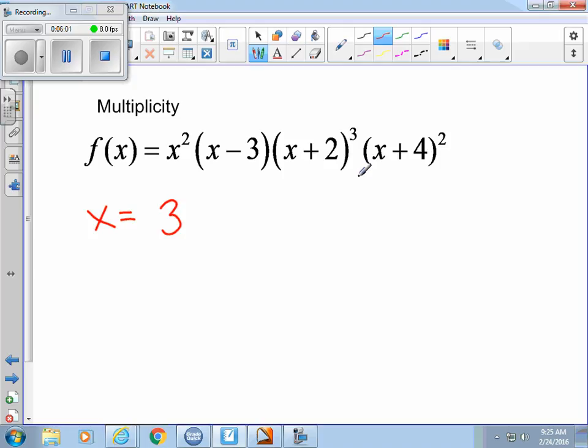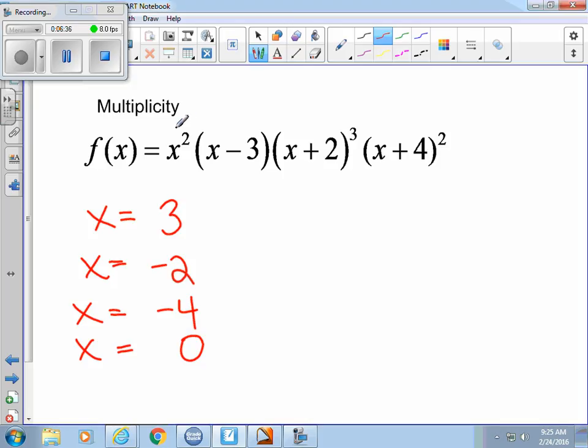But if it's already factored for me, wouldn't it take you longer to type this in the calculator than to pick out those zeros? So I agree, 3 with what else? -2. Good, hold that thought. What else? -4. And 0.